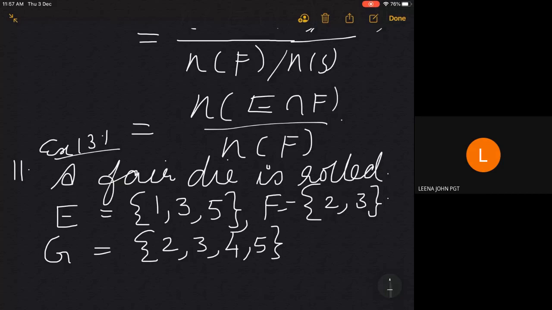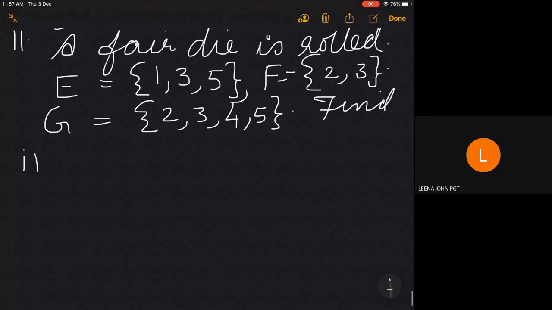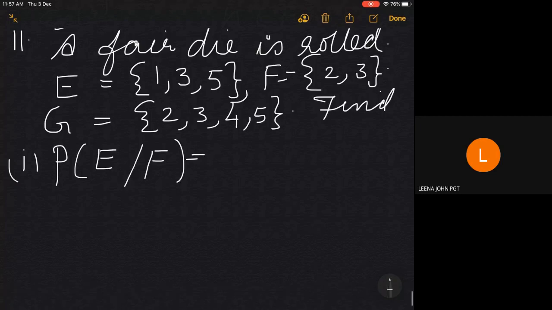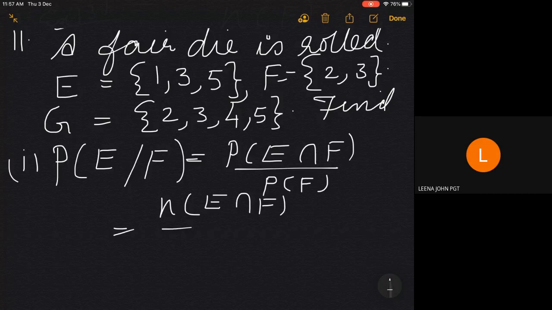Find, first one, probability of E given F. Probability of E given F, you know, is P of E intersection F by P of F. And P of E intersection F, you can again simplify as N of E intersection F by N of F. And for N of E intersection F, you have to find the common elements of E and F. So what is the common element of E and F?